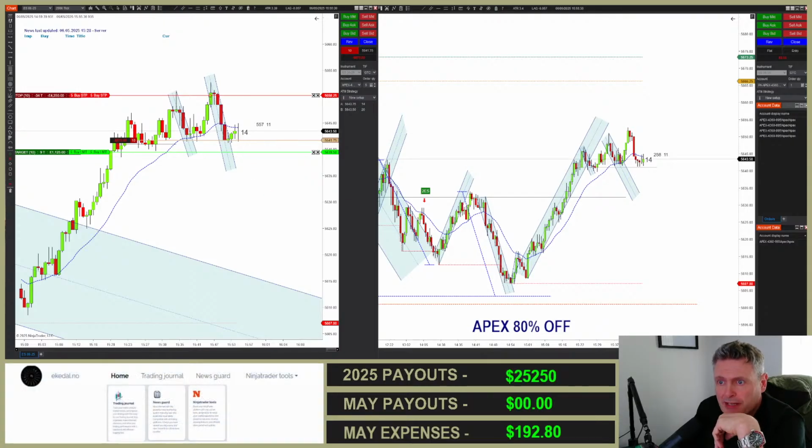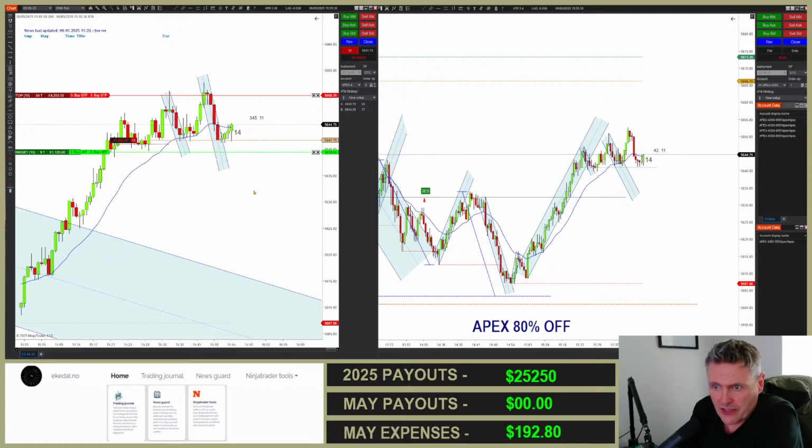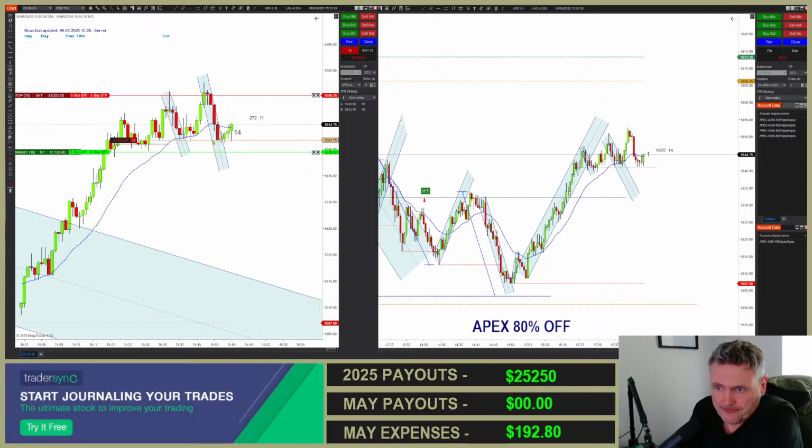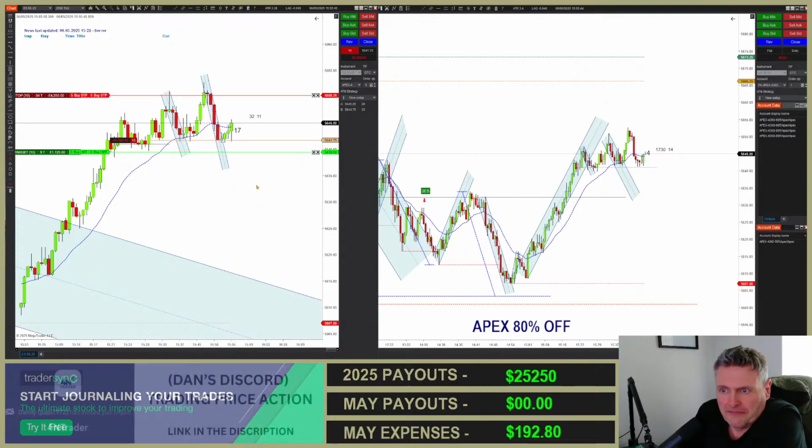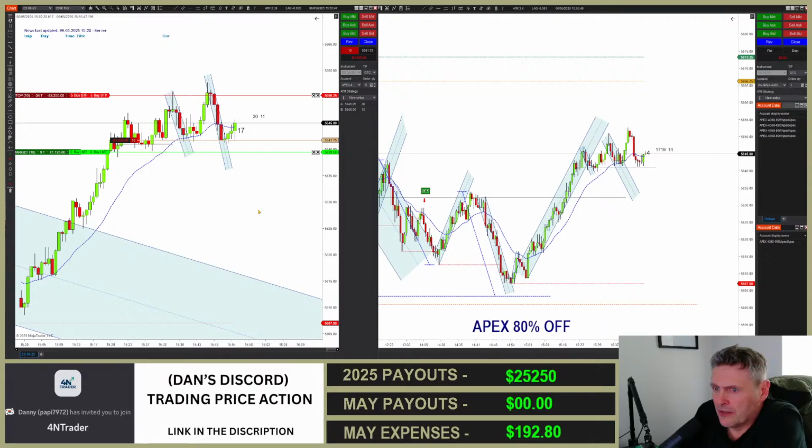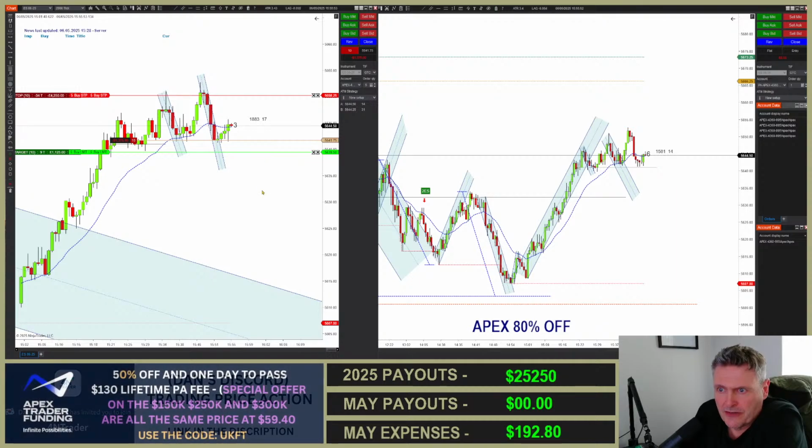I'm hoping we get a leg down with a break, a quick flush down. It's only one evaluation here. I'm not trading my normal accounts. I'm just getting concerned now. Okay, so we've got a bullish bar here with hopefully a bearish bar finished.